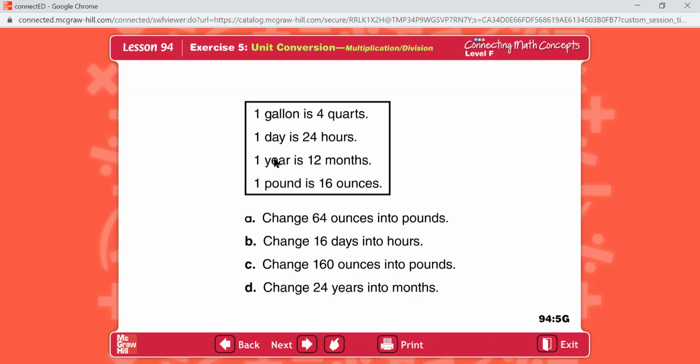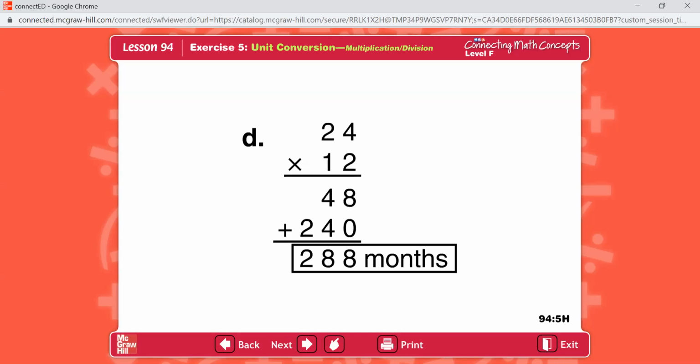Years into months. You're moving forward, meaning you're going to multiply 24 times 12. And what does 24 times 12 equal? 24 times 12 equals 288 months. Label your answer. Now, continue on to the next video.